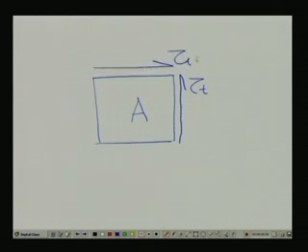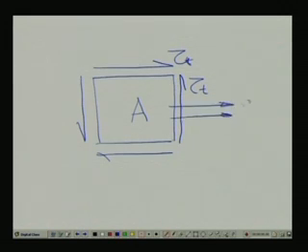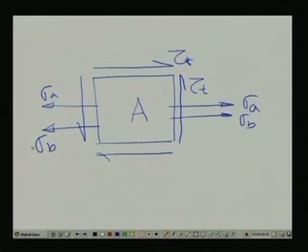We know that these two stresses will be complementary in nature, and we will be getting this one as sigma axial and this as sigma bending. Similarly, we will get sigma axial and sigma bending here. So, this is the entire state of stress at this point A.